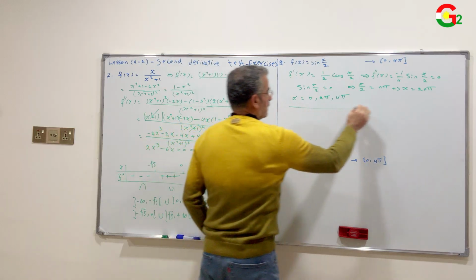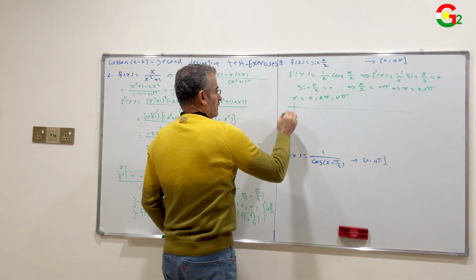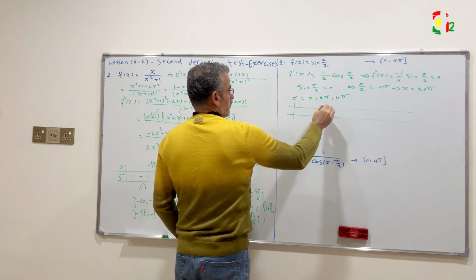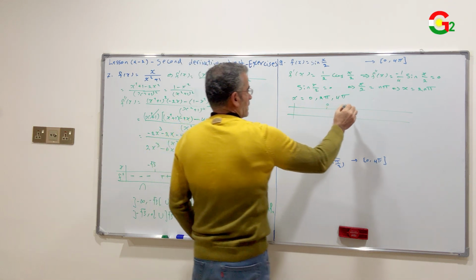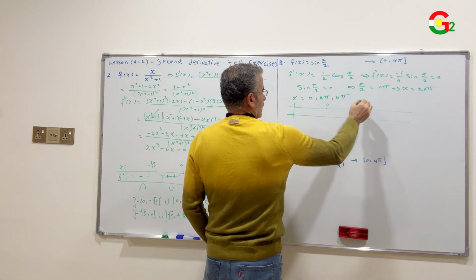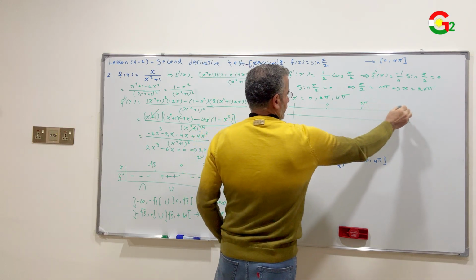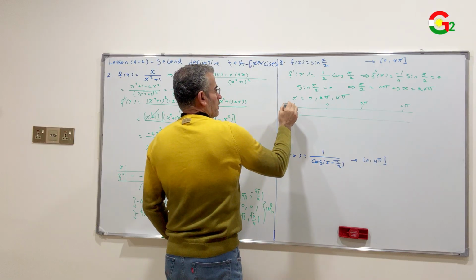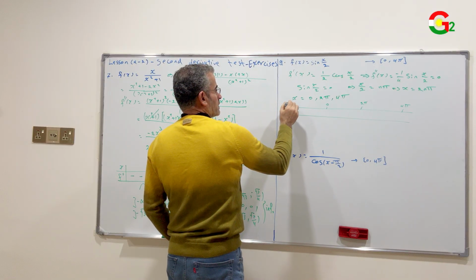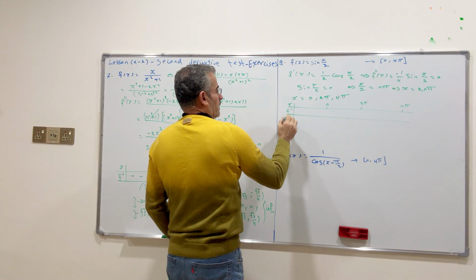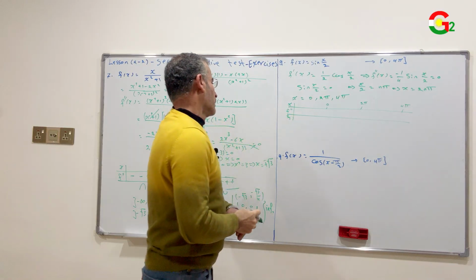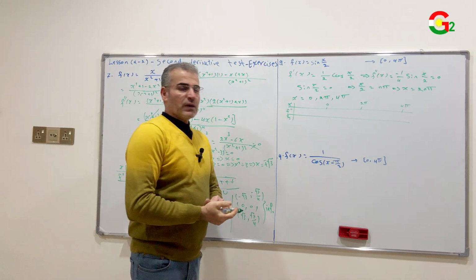Find the sign of the second derivative before and after these values. This is the value of x, the sign of the second derivative, and the concavity of the function.